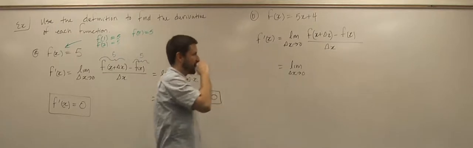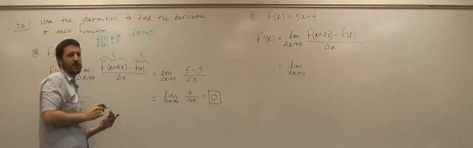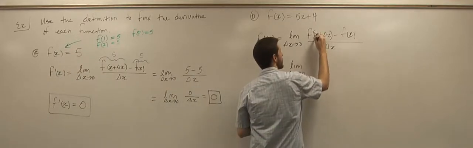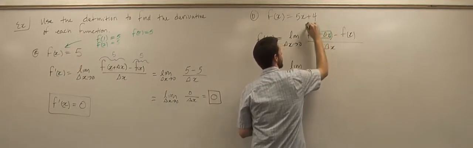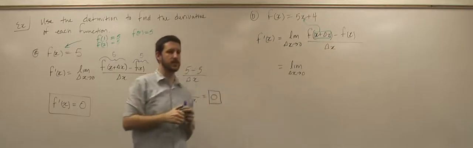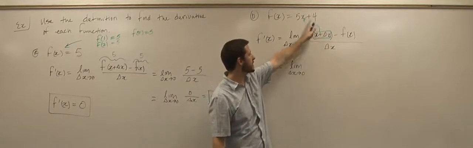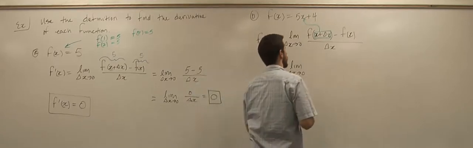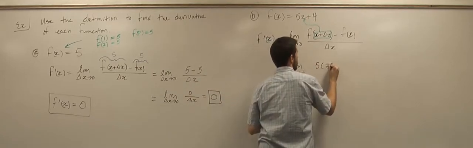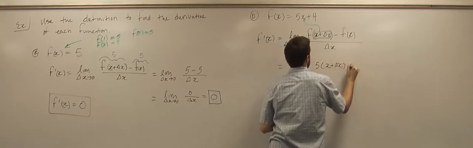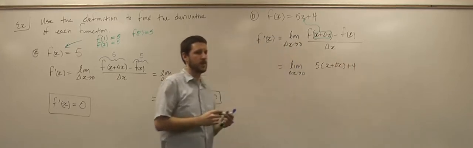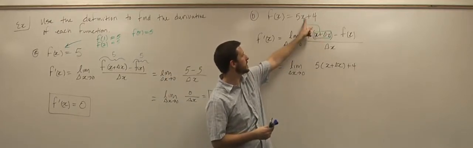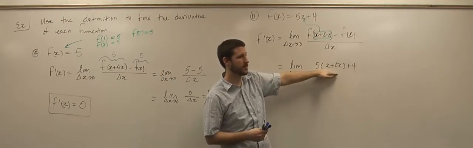So in this case, what's f of x plus delta x? You plug x plus delta x in for your x, that's how the difference quotient works. So I'm going to write 5 times x plus delta x plus 4. For this first portion, you first plug this in and then write the result down.